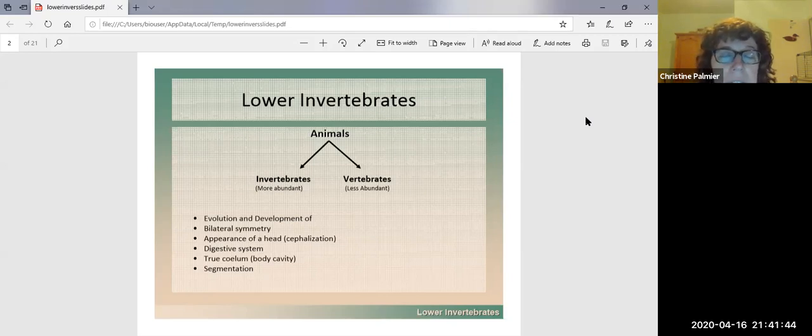Some organisms did not have a true digestive system, and some still don't if they're parasites. Others, we're going to see how the body cavity changes from having no body cavity to having a true body cavity, but we discussed that in another lab, as well as segmentation, repeating units.